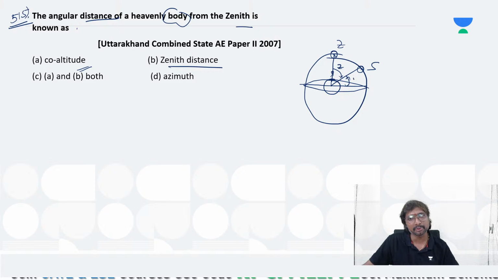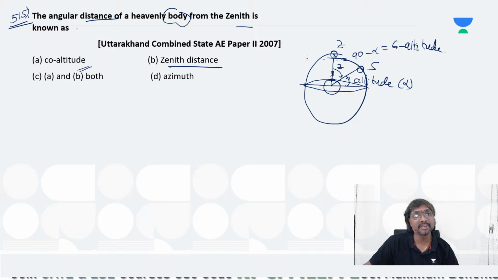With respect to this it is called your altitude, and with respect to that it is called 90 minus this altitude alpha. Let us say altitude is alpha, then 90 minus alpha is the co-altitude. So co-altitude, or you can also call it the zenith distance. Both are the same. Option C is correct: co-altitude as well as the zenith distance.